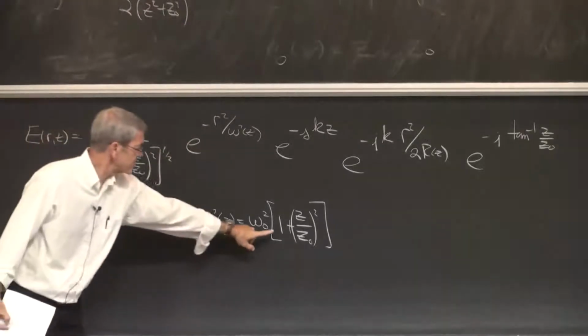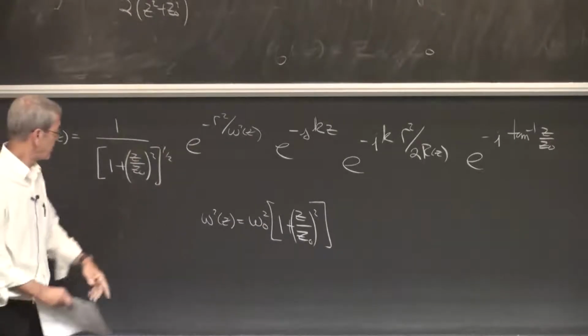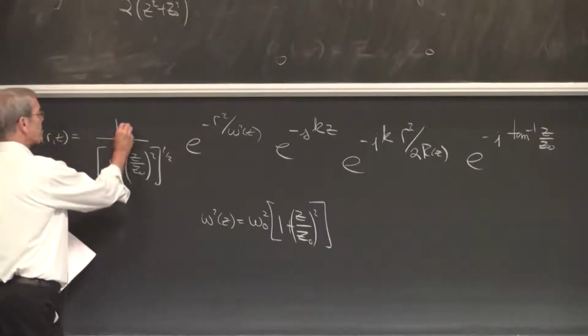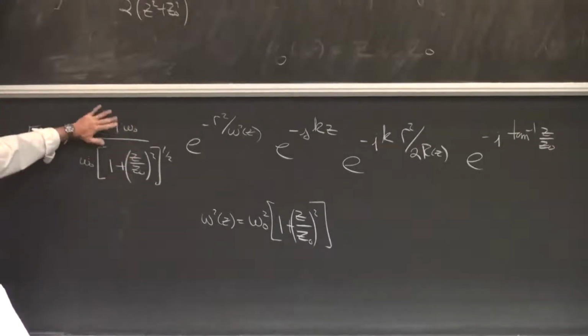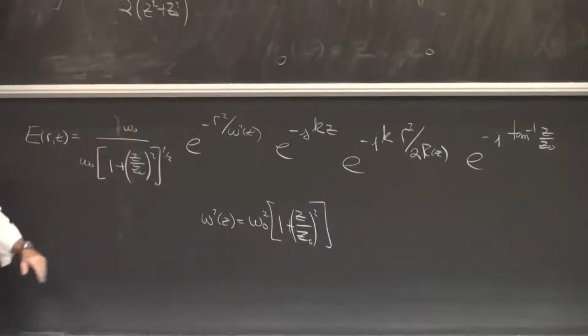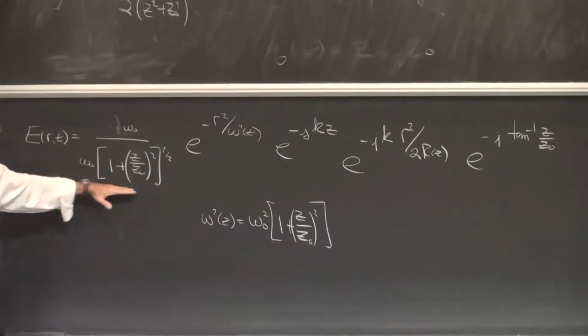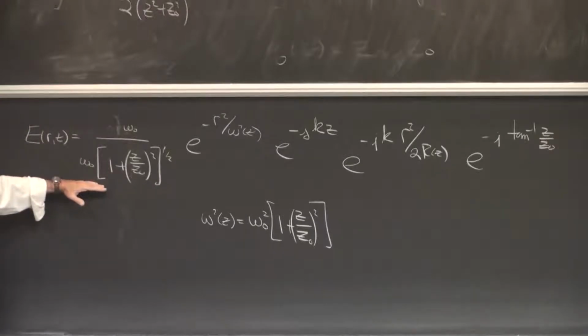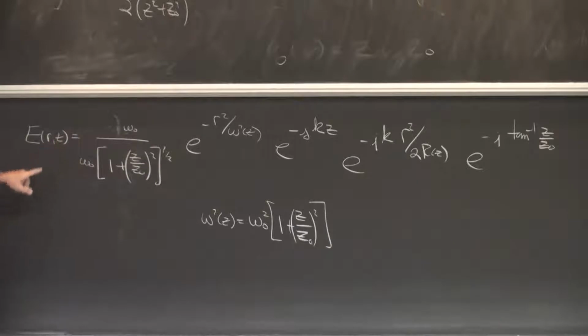Let me look at this and this. If I multiply the top by omega naught and the bottom by omega naught, I haven't changed anything, have I? So here's omega naught. Here's omega of z. This is just omega of z. So what's happening here?